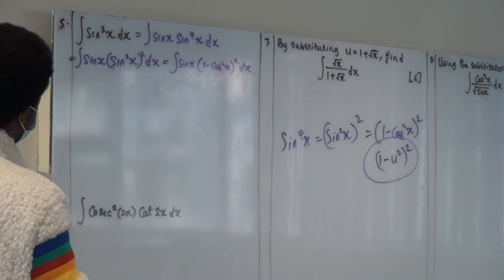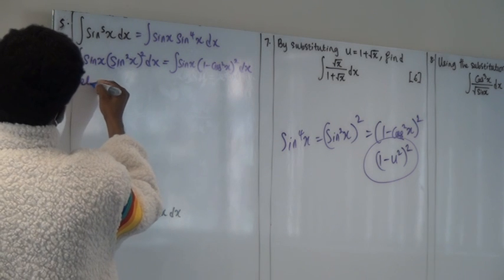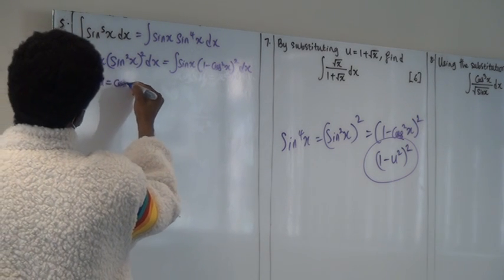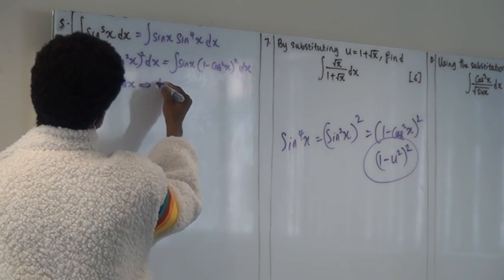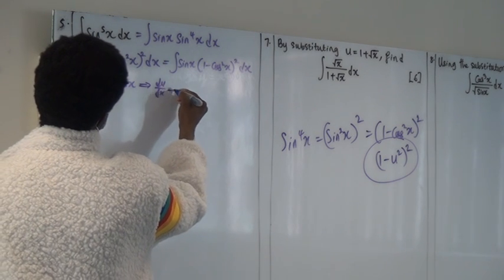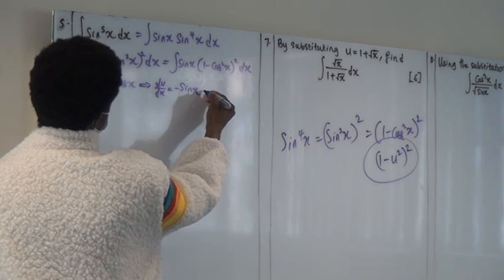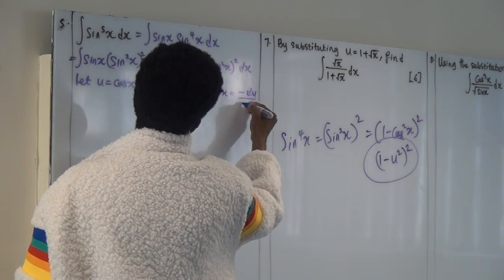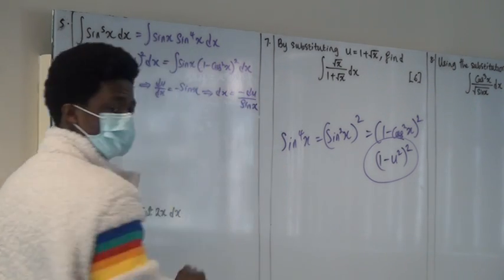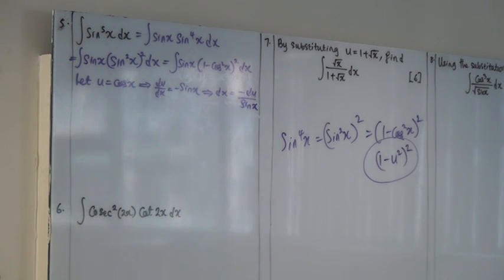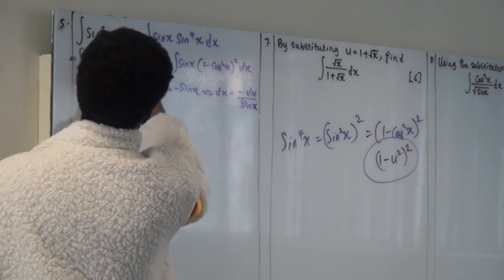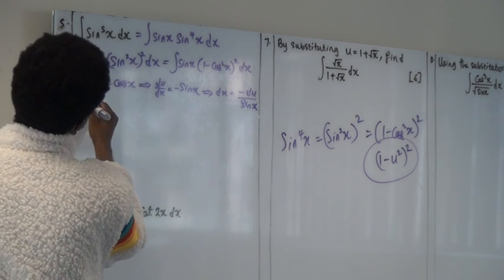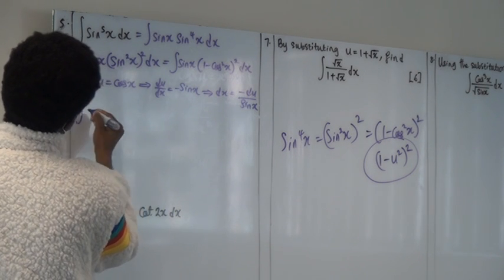So at this point, you say let u be cos x. It means our du/dx is negative sine x. It means our dx is negative du over sine x. Can you see that we perform different tricks, even though they are similar, for the last question and the current one? Okay?